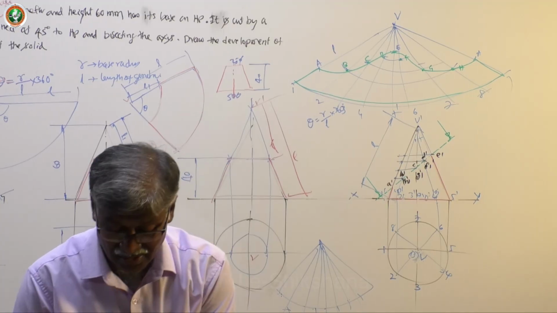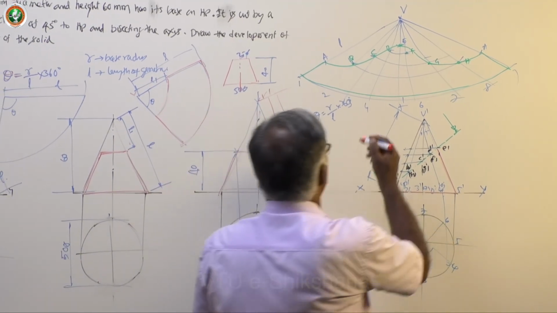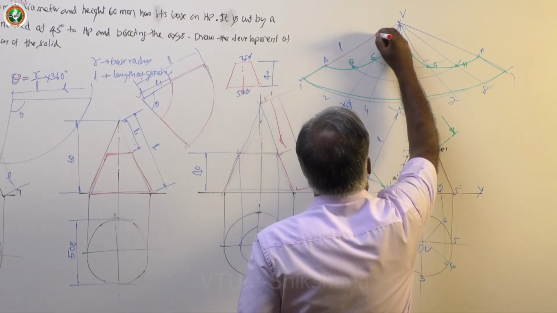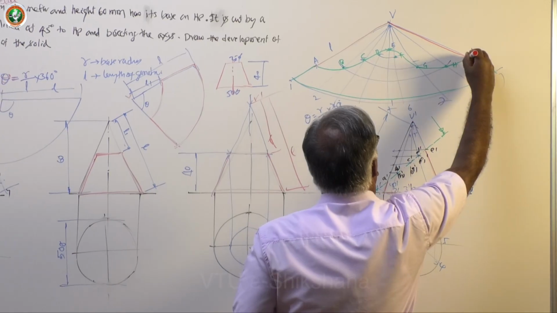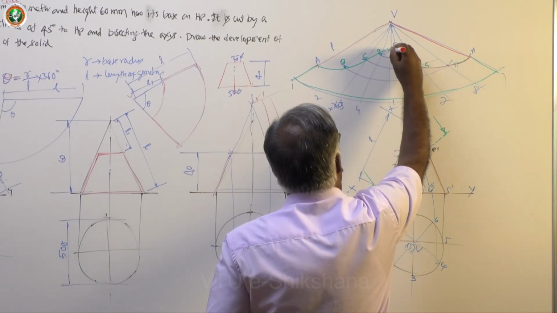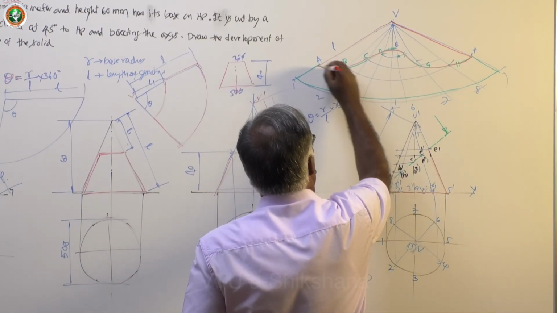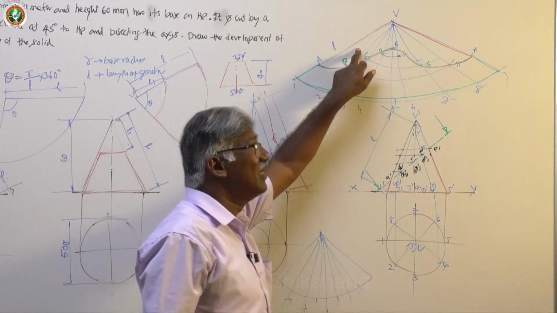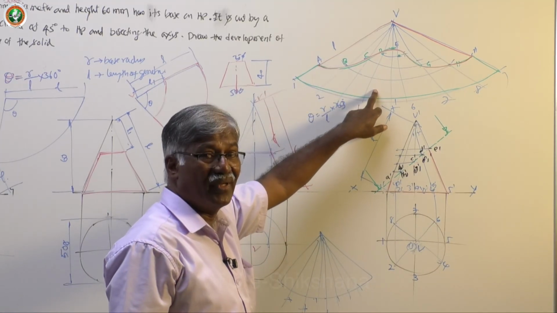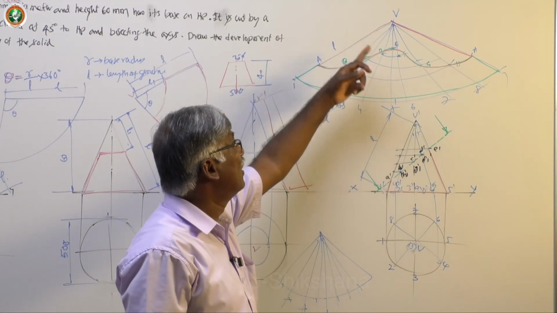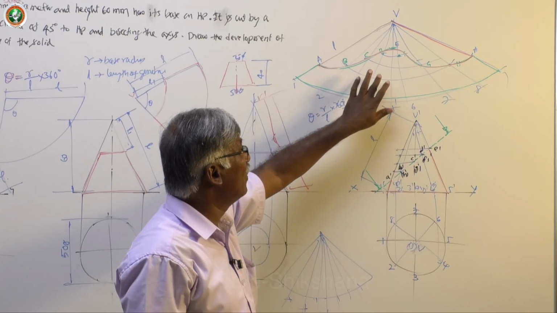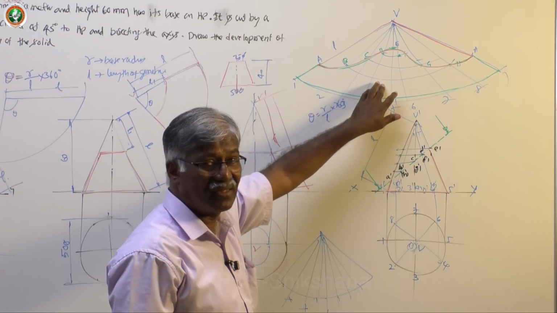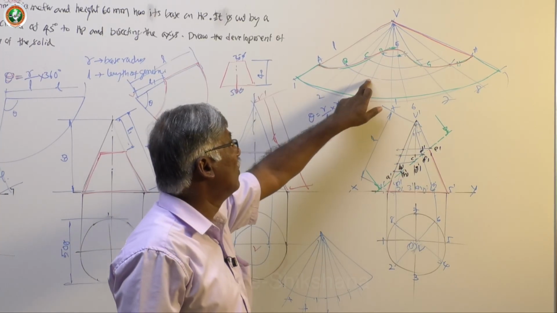Now, I will change this red color, portion containing the apex. Red color is the portion containing the apex, green color is the portion containing the base. Either this or this you will get. Normally by default you have to do this job. Nothing is asked, simply they say remaining solid, only this one.